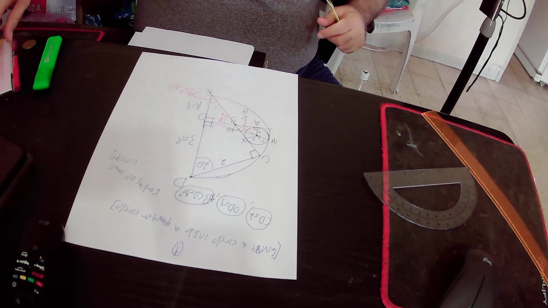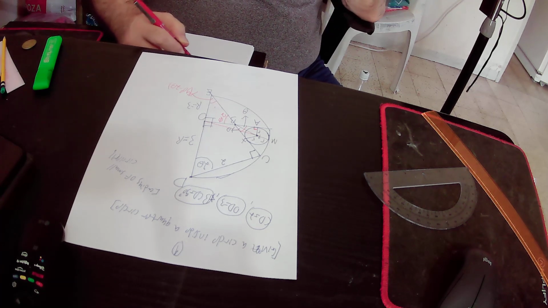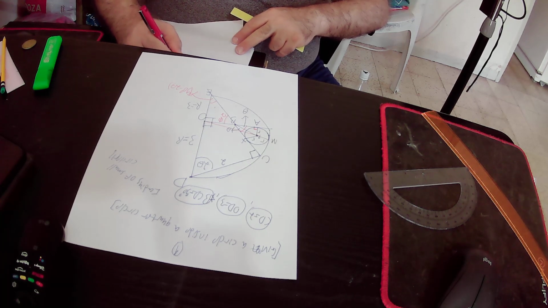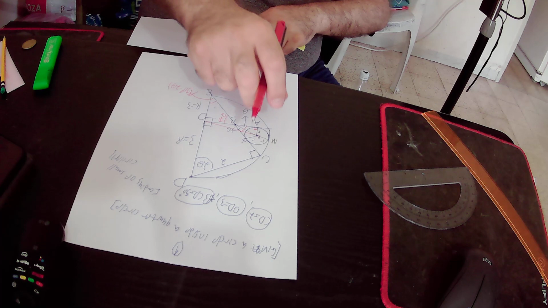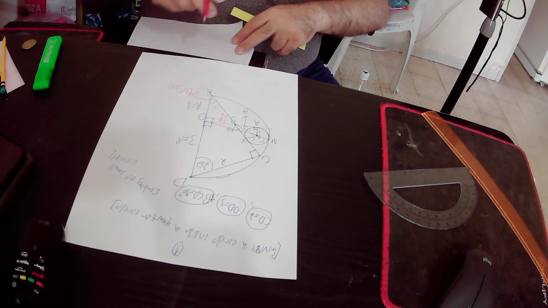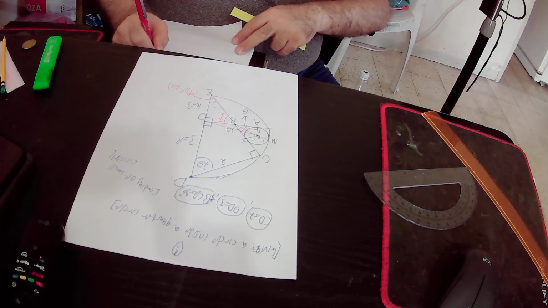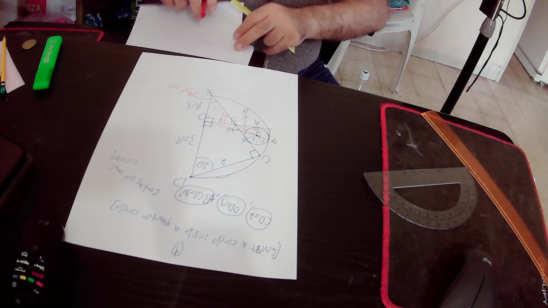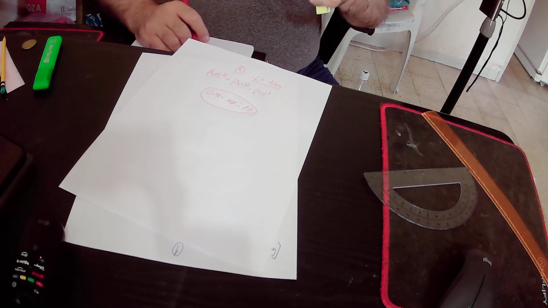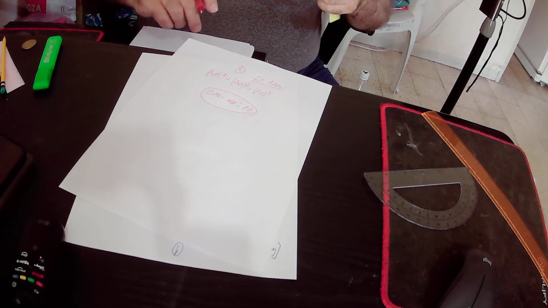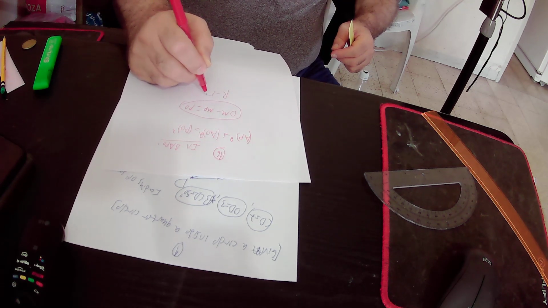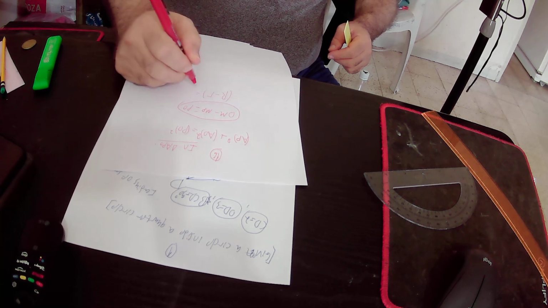So OM, the radius of the big circle, minus MP, the radius of the small circle, must be equal to PO, or capital R minus small r must be equal to PO.